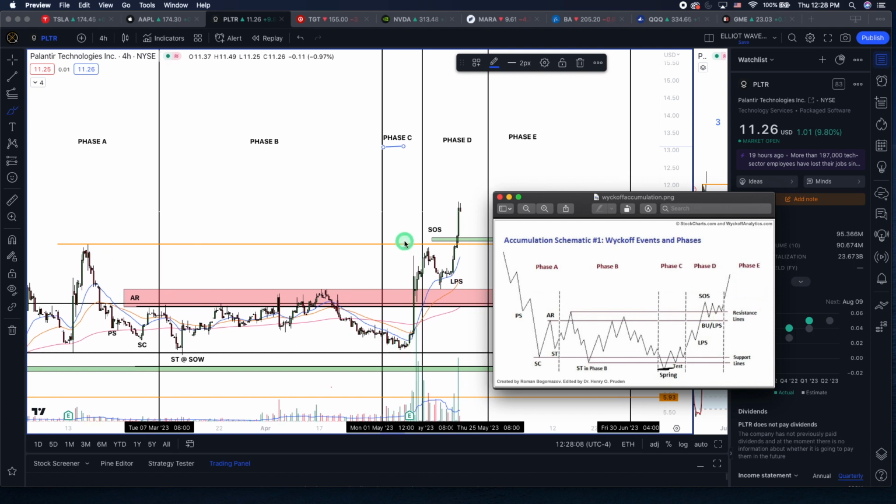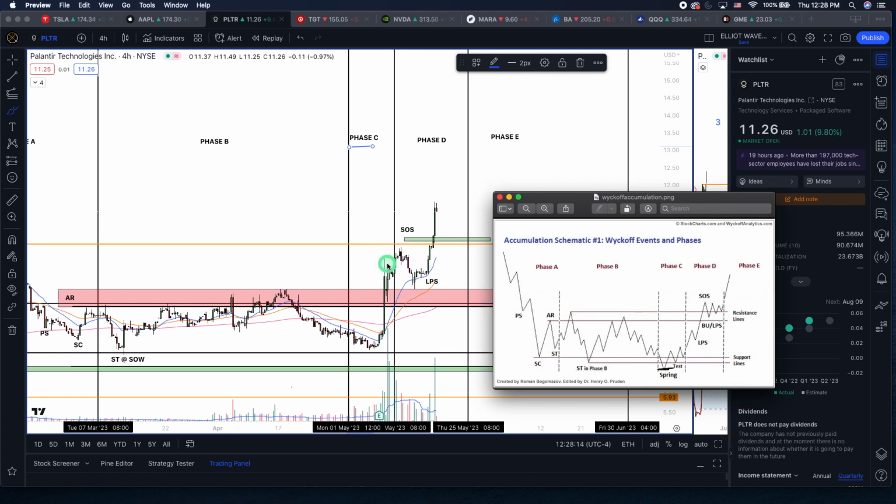We just sprung up right away, and now, like I said, we would expect after a phase C spring to be looking for a series of signs of strength and last points of support, and that's basically what we did, guys.